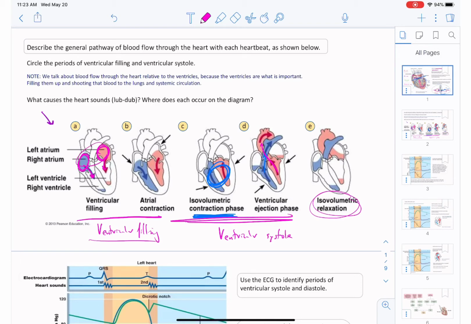Blood moves from the atria into the ventricles. The ventricles contract, and that shoots blood out through the different circulations. And that's the whole goal. And so with one heartbeat, we're talking about things relative to the ventricle. The ventricles fill up and the ventricles contract.